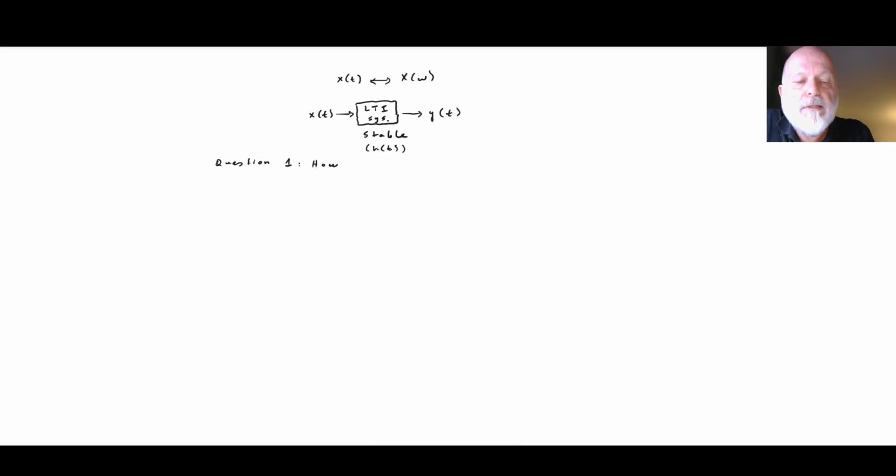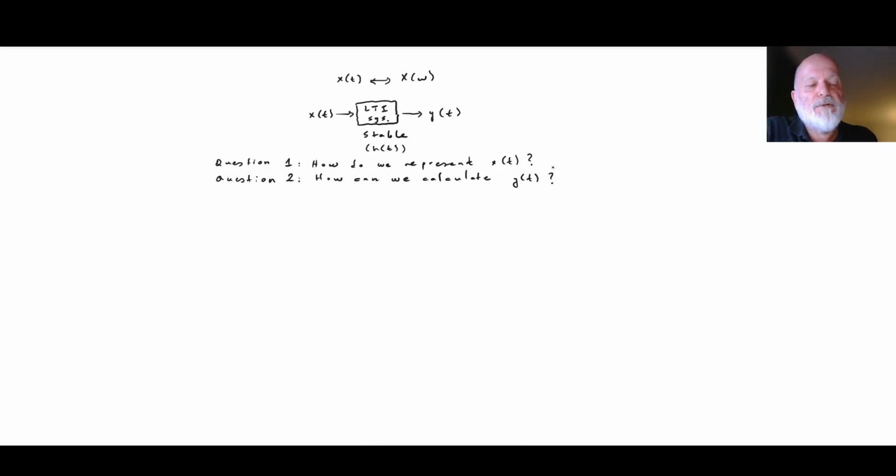How do we represent x of t, an arbitrary signal? And question 2 is, how can we calculate y of t, the output of the system, when x of t, the signal of interest, is applied as the input signal of this system.